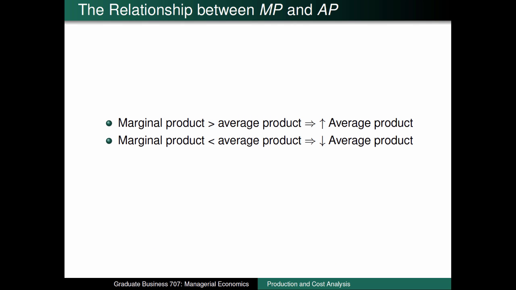The phenomenon we discussed in the previous slide is summarized here. Again, when the new marginal product is greater than the previous average product, the new average product increases. However, when the new marginal product is less than the previous average product, the new average product decreases.